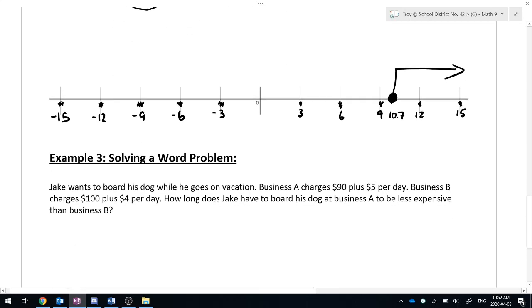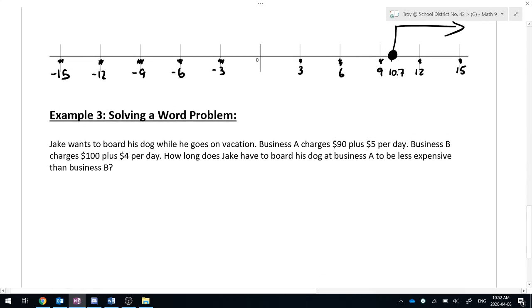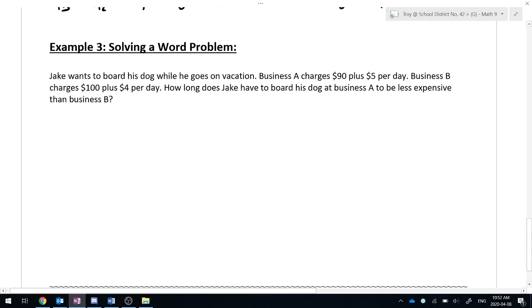All right, let's do a word problem. Jake wants to board his dog while he goes on vacation. Basically babysitting. If you don't know what boarding means, he's going to drop his dog off for somebody to look after.